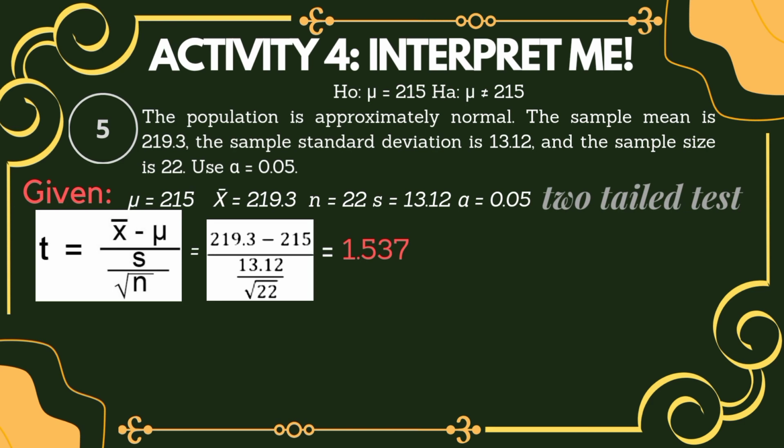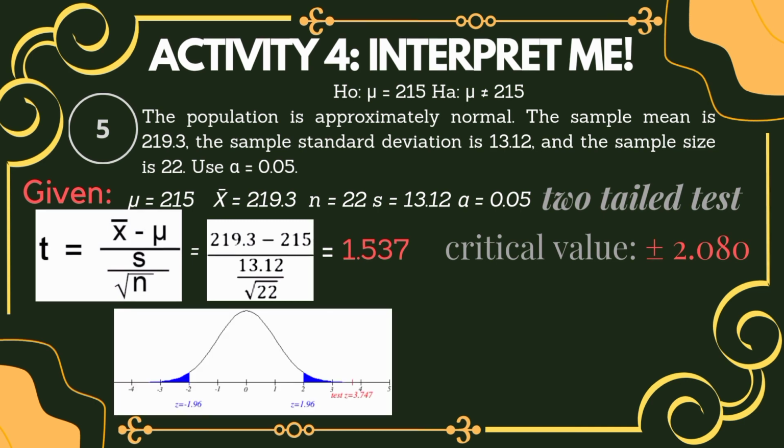1.537. Then in order to find the critical value, use the t-table and find the intersection of two-tailed tests with a 0.01 level of significance and the degrees of freedom, which is 20. So, our critical value now would be positive and negative 2.080.